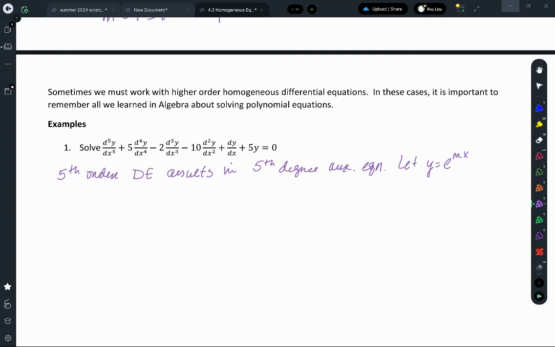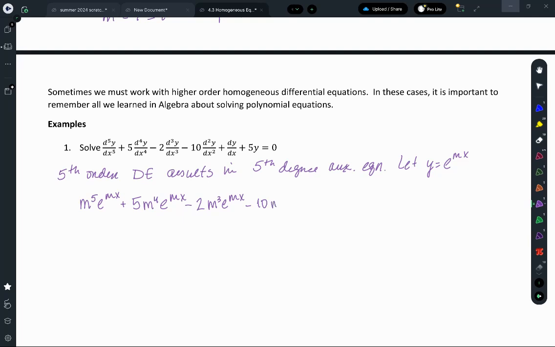So we can assume our form, when we substitute everything in, the fifth derivative will be m to the fifth e to the mx plus 5. The fourth order derivative will be m to the fourth e to the mx minus 2. The third order will be m cubed e to the mx minus 10.